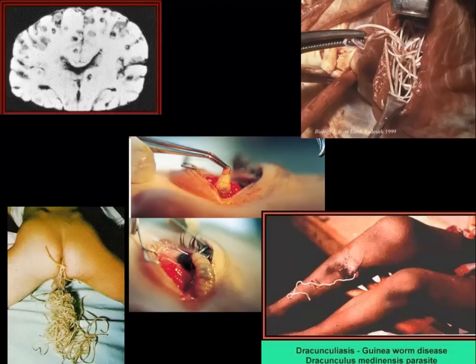And at the lower left-hand side, you see a child that has been given anti-helminth treatment and has expelled these worms outside his body as the worms died. And that is a very vivid image. I understand that. That's very repulsive, but I show it very specifically to illustrate that we here in the United States do not have to deal with this on a daily basis, but many parts of the world do.